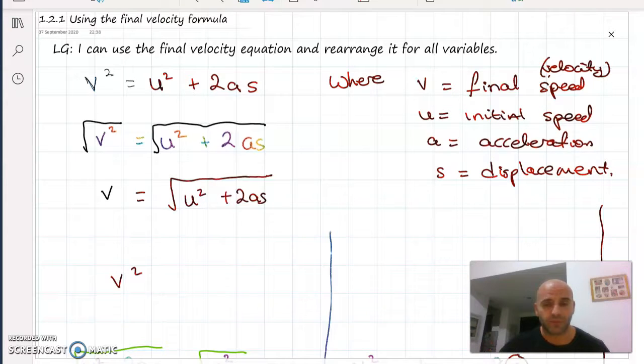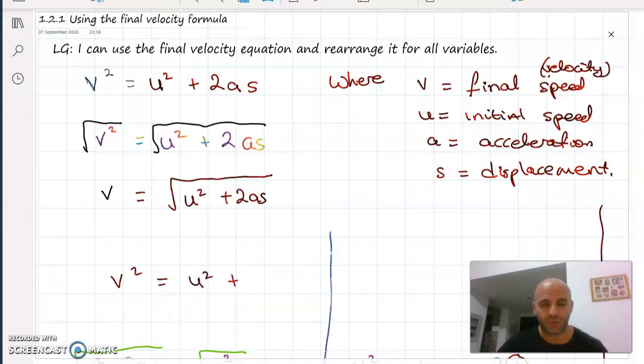The square disappears with the square root, or it cancels with the square root, and that gives me the final velocity v equal to the square root of u squared, the initial speed or initial velocity, plus twice the acceleration times the distance, and of course that is the distance through which it's accelerating.